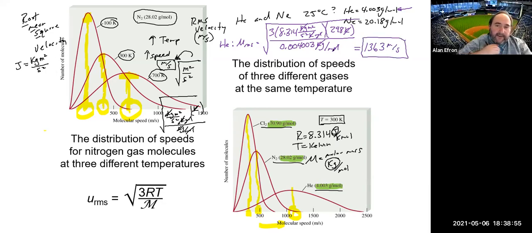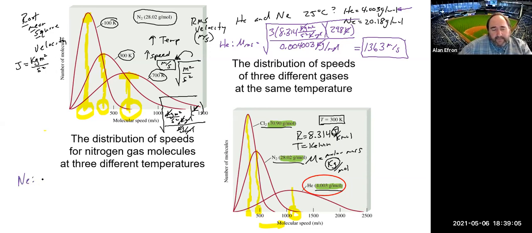So let's do a comparison here to our neon and see how it's doing. If we do the same thing here for neon, basically putting it into the same equation, we'll make another big square root. 3 times our 8.314. Again, swapping out those units so we could see them sort of cancel. Temperature still the same as 298.